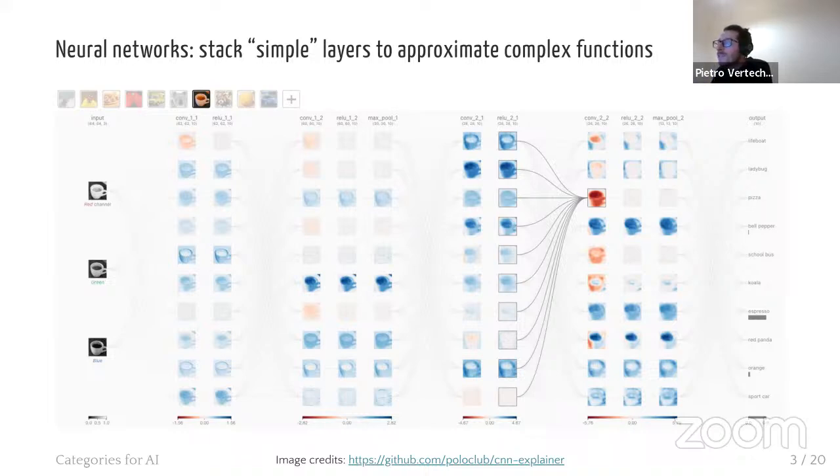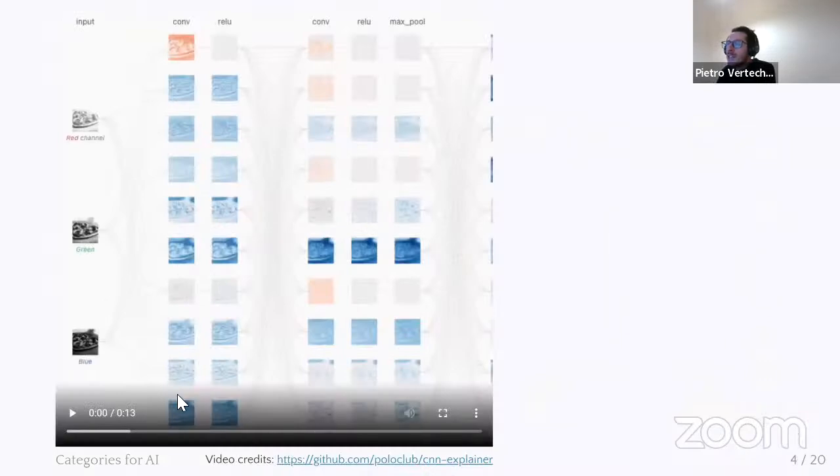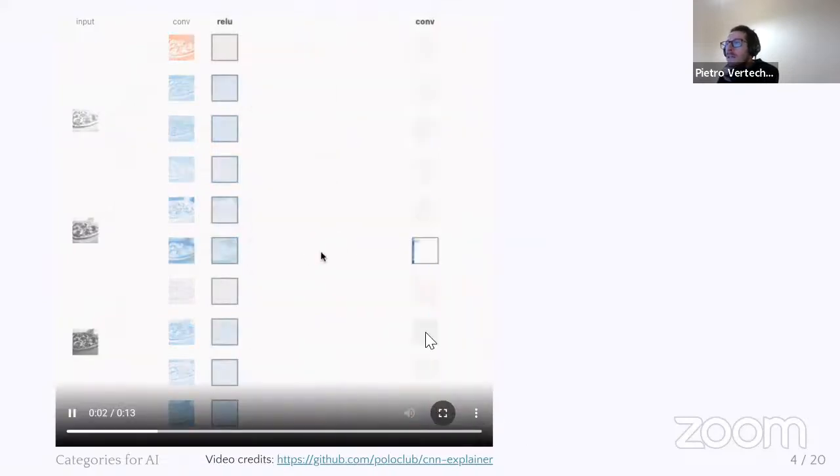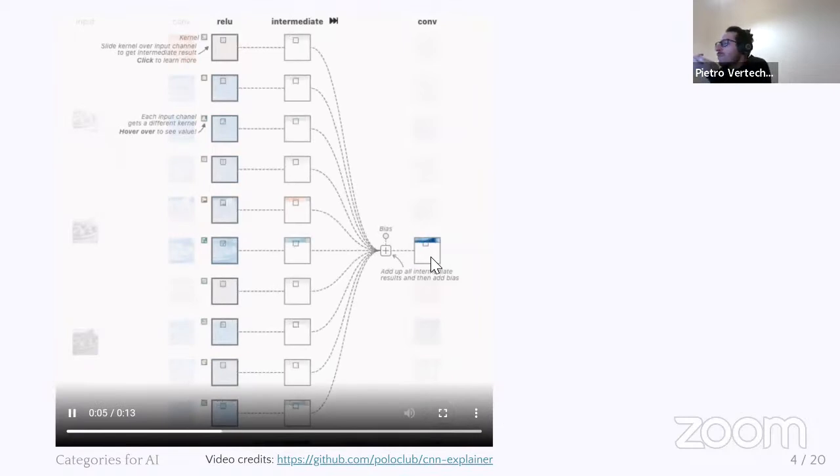This seems reasonably straightforward, but of course things are a bit more complicated, because if we zoom in, we can see that each layer is actually quite complex on its own. Here I'm zooming in on the convolutional layer, which is one of the most common layers when working with images.